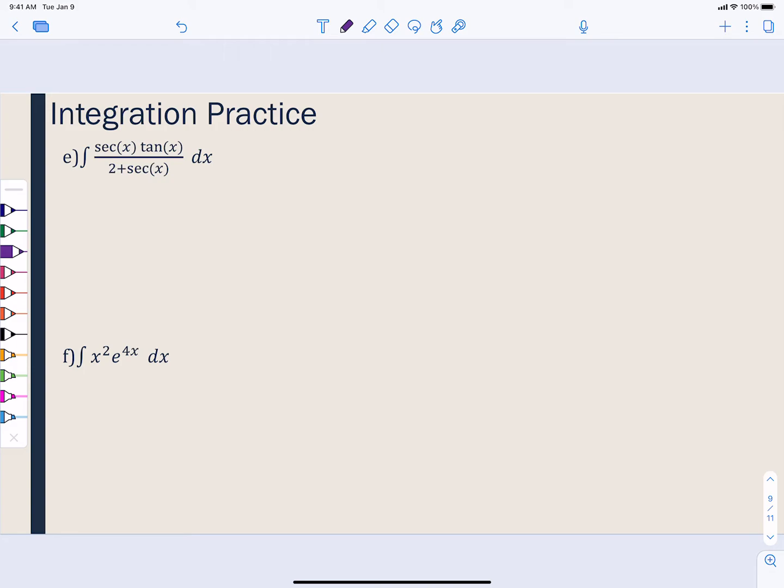All right, so we've got secant of x times tangent of x over 2 plus secant of x. My first thought is always trying to just use substitution, because sometimes it actually works, and when it does, it's so nice and so easy.